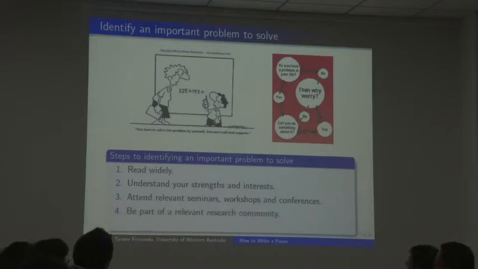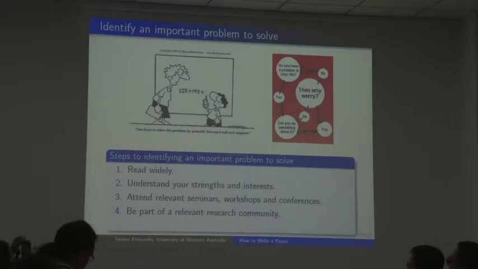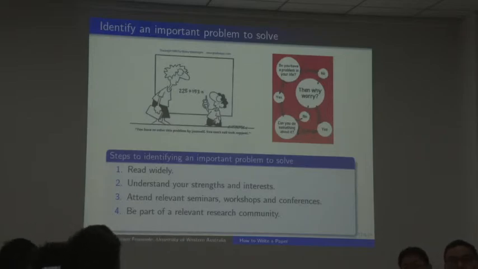We need to be part of a relevant research community because there are different research communities. If you are interested in power electronics, there will be a research community for power electronics. If you are interested in power systems, there will be a research community for that. If you are interested in control systems, there will be a research community for that. Even within electrical engineering, there will be various sub-branches.